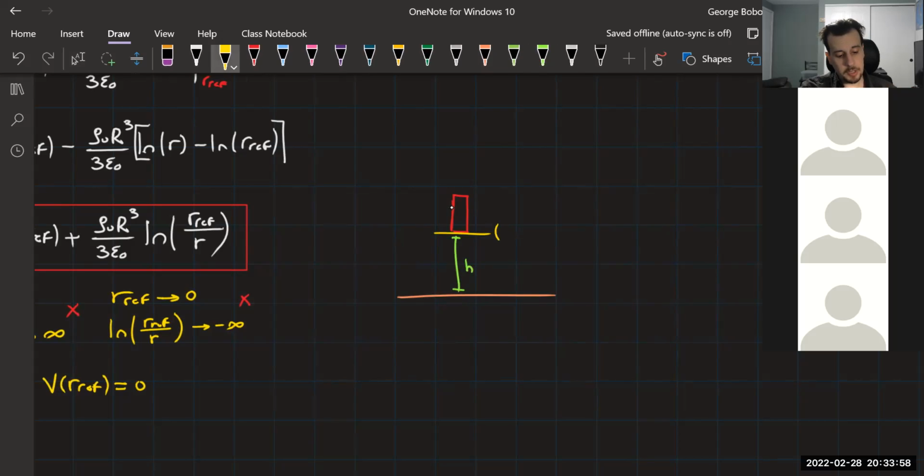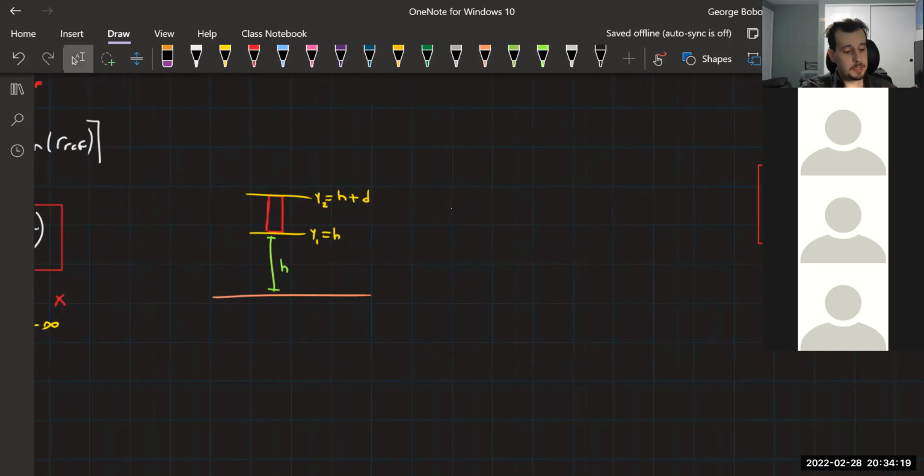The bottom of the water bottle is at y equals h, and the top one is at y equals h plus some distance d. That's the initial, and that's the final.